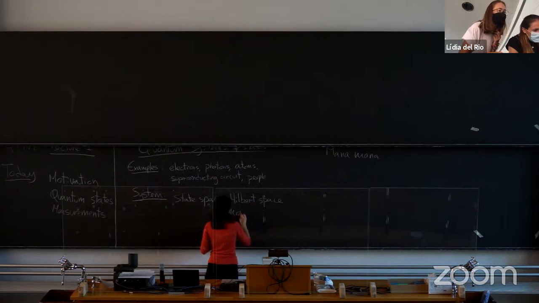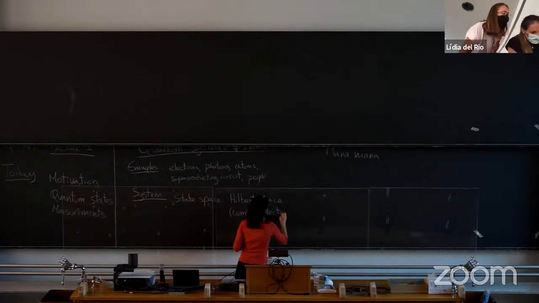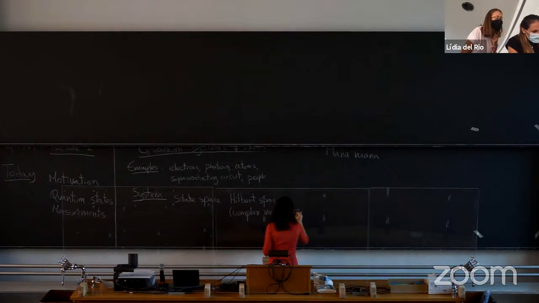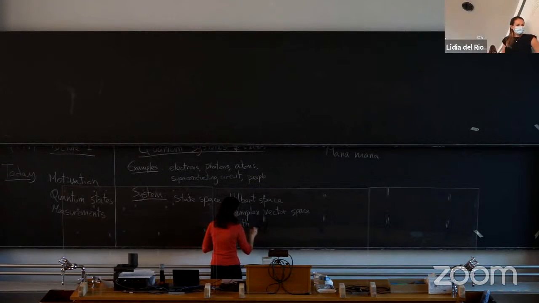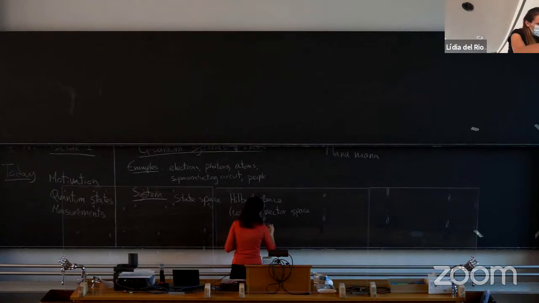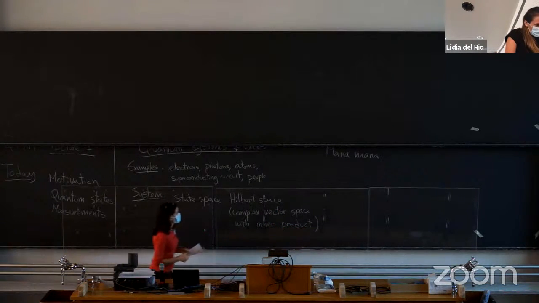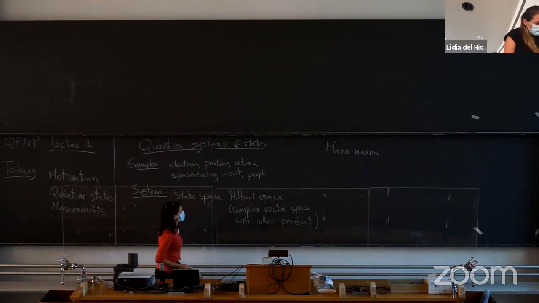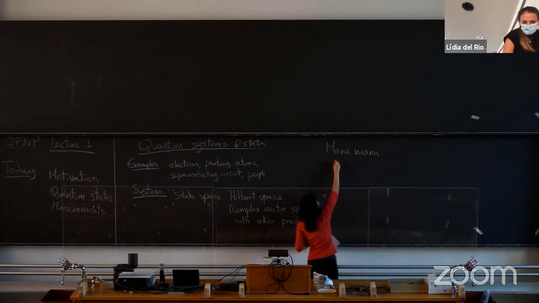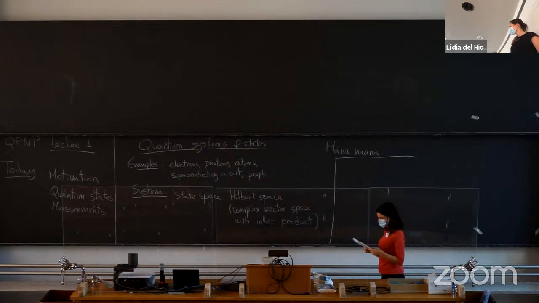So this is a complex vector space with an inner product. Okay. Good. So what do I mean by this?